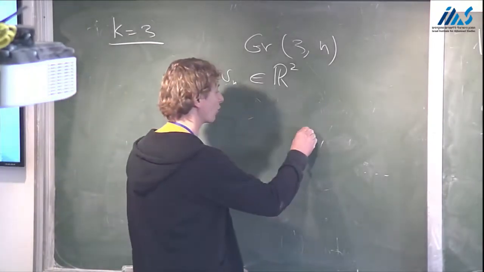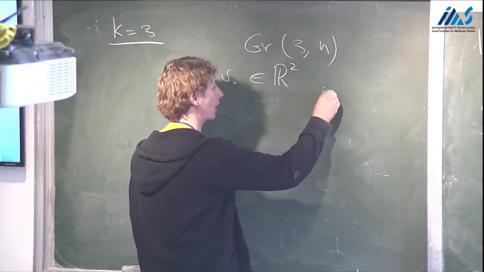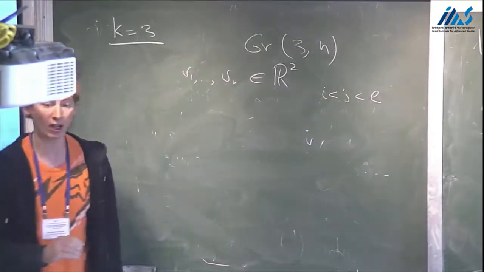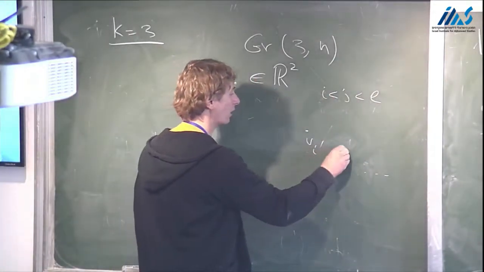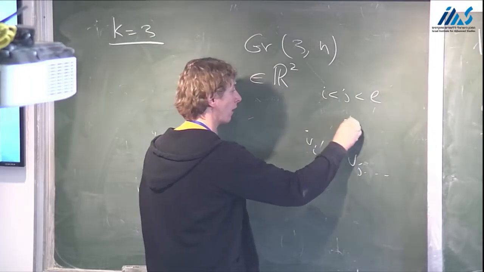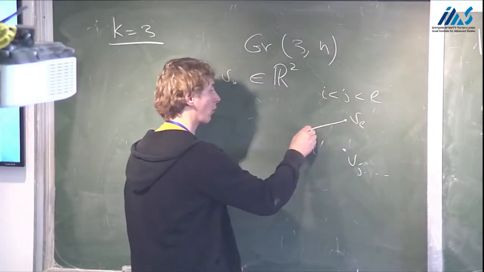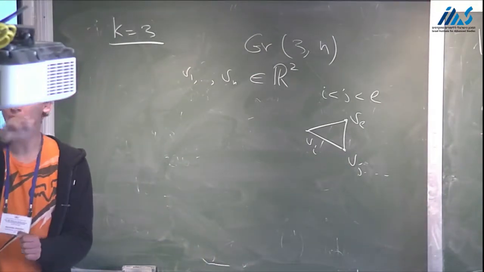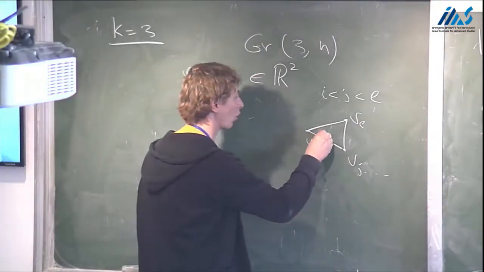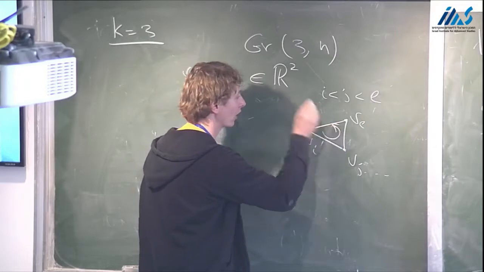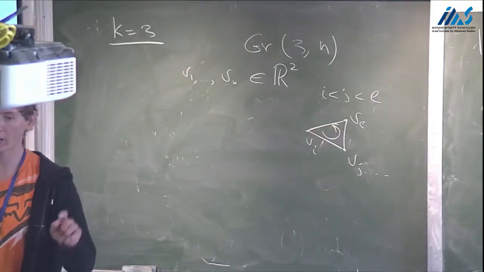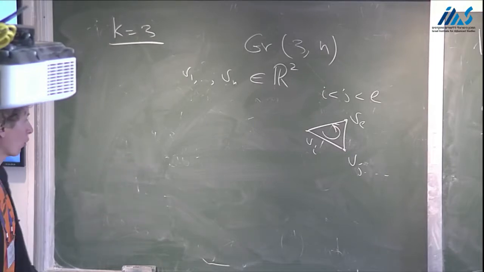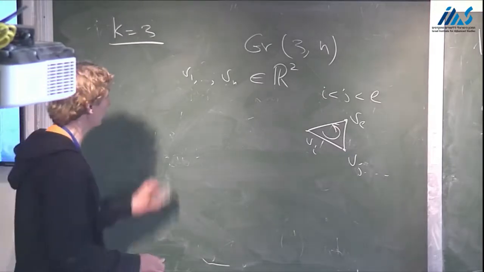That means that for any triple of points, if you pick any three indices i less than j less than l, you have 3 points vi, vj, vl, and they form a triangle. This triangle should have a positive orientation, maybe positive is counterclockwise. For any triple of points, the triangle should be counterclockwise. So what does it mean?